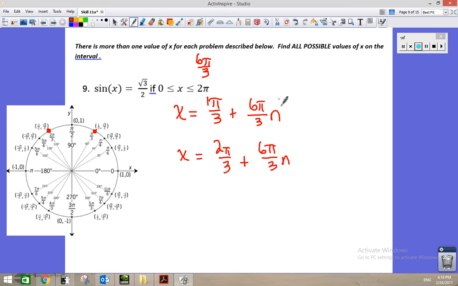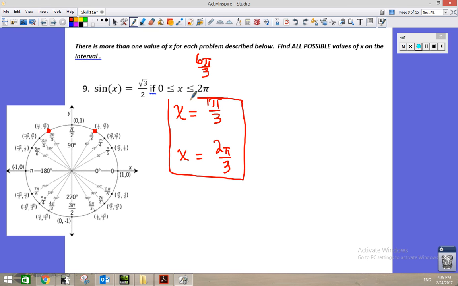So what if I let n equal 1? What if I added 6 to that? Well, 6 plus 1 is 7. That's too big. 6 plus 2 is 8. That's too big. So the only solutions that they want, instead of these infinitely many, are just these 2 solutions, pi over 3 and 2 pi over 3. Those are the only two solutions between 0 and 2 pi that satisfy this equation.